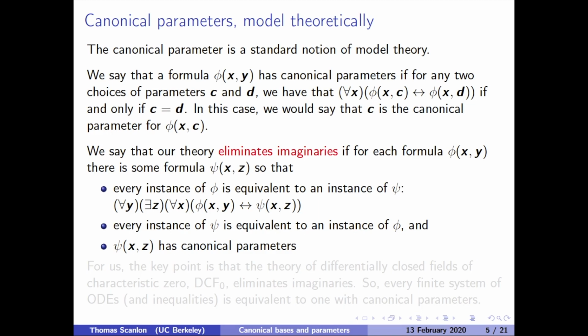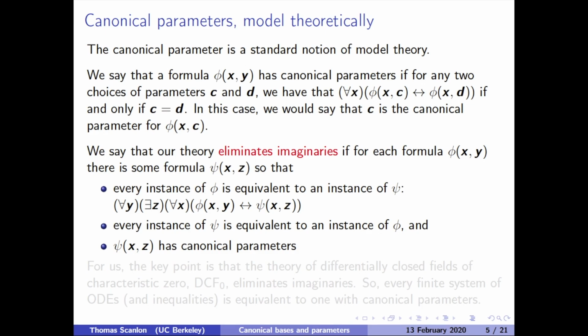This is the formal way of saying that for every choice of a parameter for phi, you can find a parameter for C, so that the sets they define are the same. And likewise, the other way around. So the example that I gave, where you started with x prime equals x plus y1 plus y2, you replace it with x prime equals x plus z1, that would be a good system.